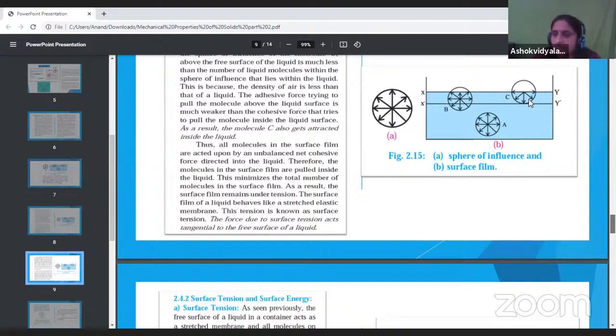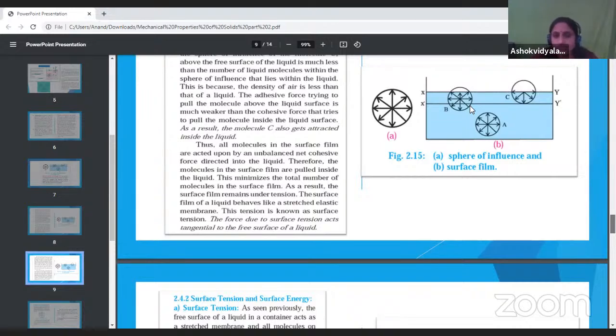हा XY film आहे, हा जी XY interface आहे, हा नेहमी under tension मध्ये असतो due to the molecular theory as seen above. As a result the surface film remains under tension, and therefore the surface film of liquid behaves like a stretched elastic membrane, and this tension is also known as surface tension.